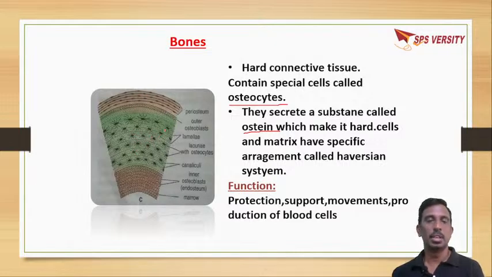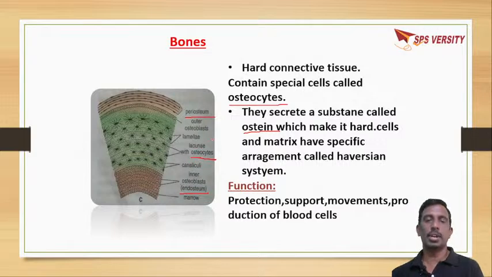This is the outermost layer, the periosteum, and the innermost layer, the endosteum. This is osteoblast, these are called canaliculi, and these are osteocytes.